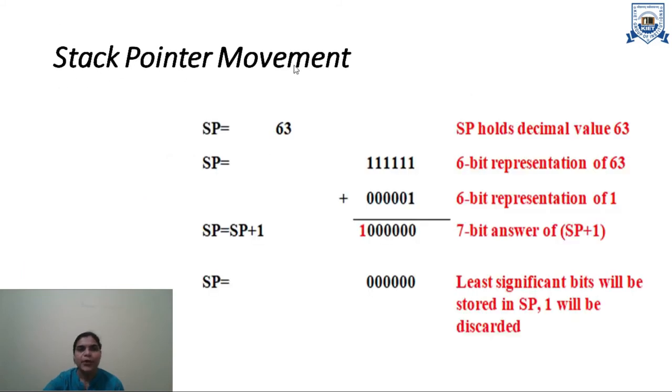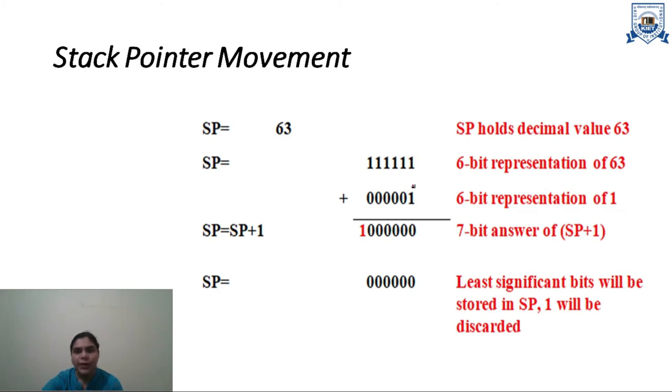So, stack pointer movement. First we will study how the stack pointer will move from 63 to 0. The stack pointer is pointing to 63. Now 63 will be incremented by 1. We will add 1 to it. Now we will perform binary addition here.